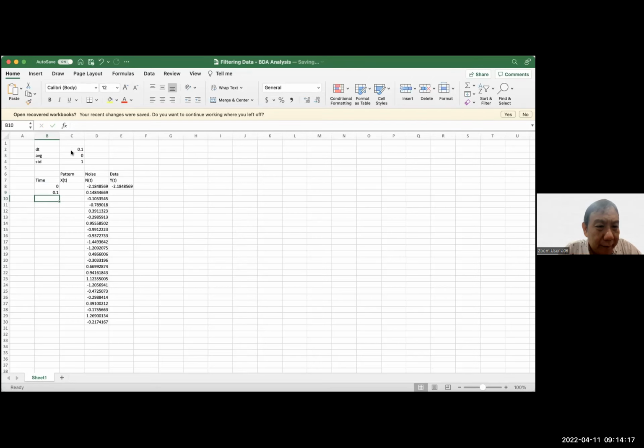Okay, enter. And then in C8, you type equal cosine or sine, cos of P8. Okay, very good. Then you copy down.